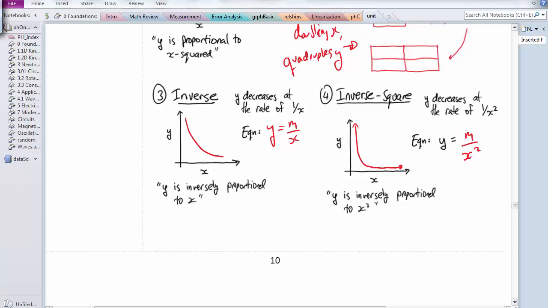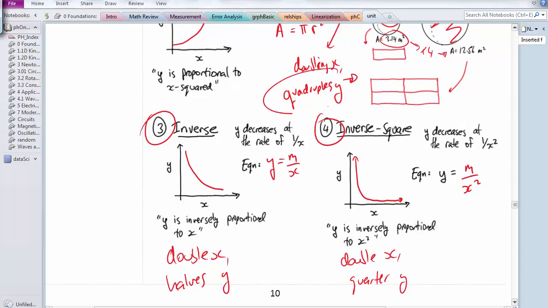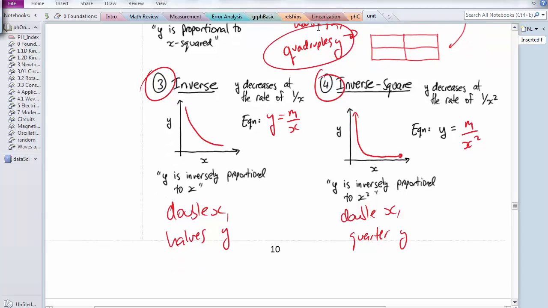The effect here is, if we double x, you would actually halve y. In inverse square, if we double x, we would quarter y. Notice here x squared quadrupled because we have x squared on the top. In this case over here, it's x squared on the bottom.